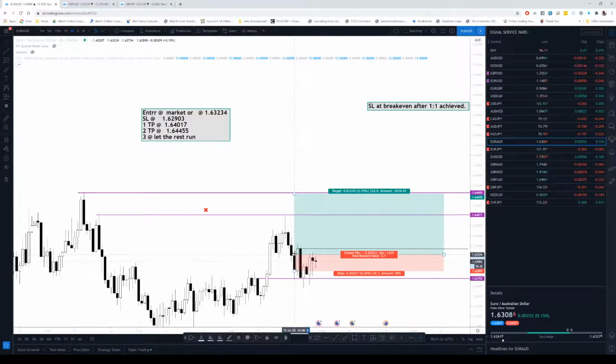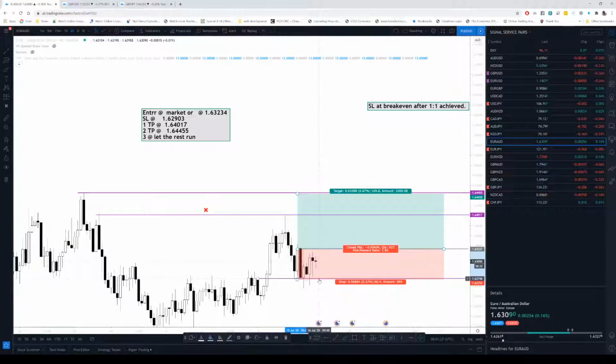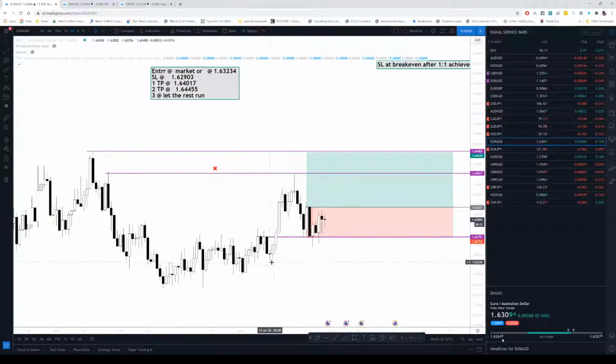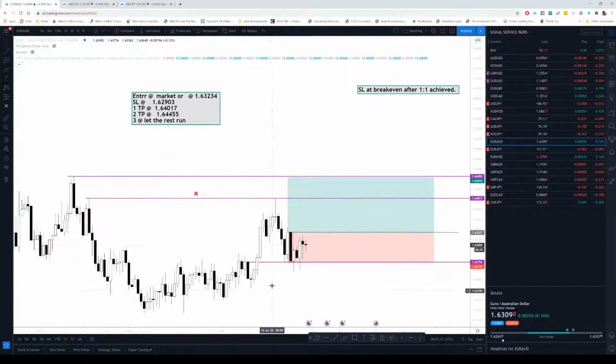So now we are waiting for price to break above, and then we take a re-entry. Everyone who is long or who went in earlier like we did, they've been killed off, unless your stop was down here. Then you are still safe. If it wasn't down here, then you are stopped out. So let's wait and let price break above this, and then we can take a trade to the upside again.